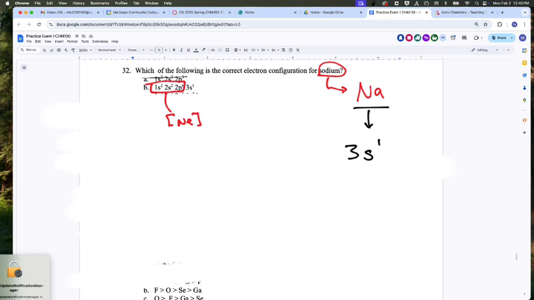So we can use the noble gas shorthand, and we could say neon 3s1. But as we talked about before, I'm not going to test on that because I think it adds a whole other layer of confusion that people just don't need. I would rather you actually acknowledge that last part importantly first and then just realize the rest has to fill out. If you need to deal with 151, you can worry about that shorthand.